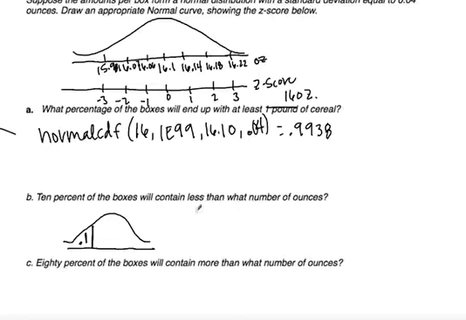Anytime it gives you the percent, you're going to use inverse normal to figure out what the z would be. So your area would be 0.1, your mean would be 16.1, and your standard deviation would be 0.04.